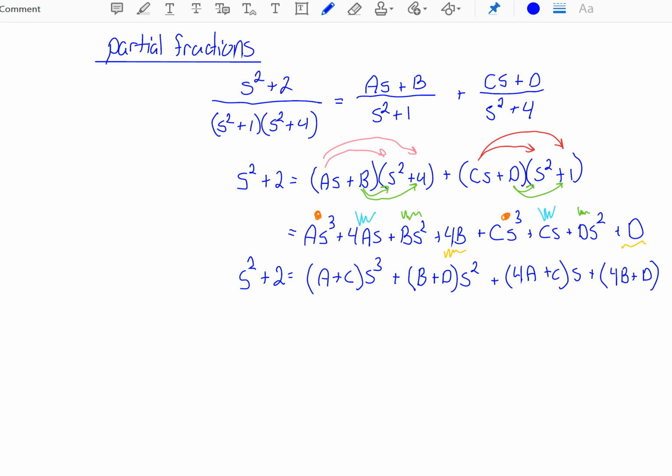Now there's lots of variations of how this could proceed, but technically what we have is a system of 4 equations and 4 variables here. And you can write your system different ways, but in the end, what you want to be able to do is compare coefficients of each similar type term.